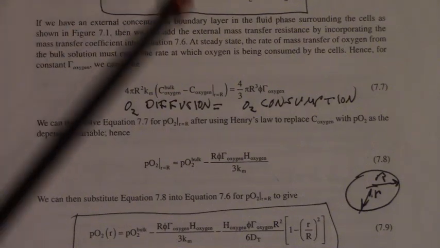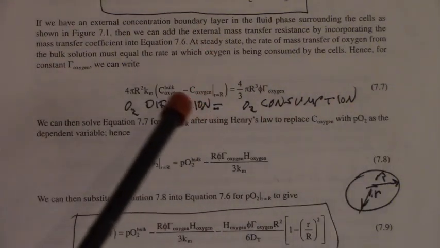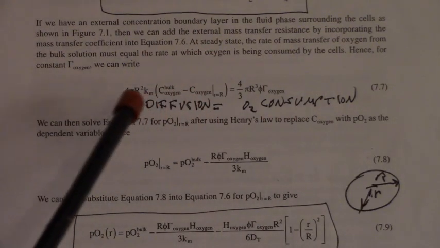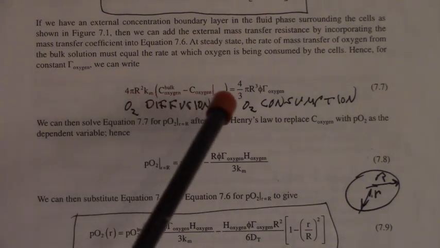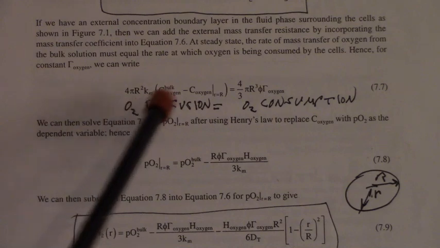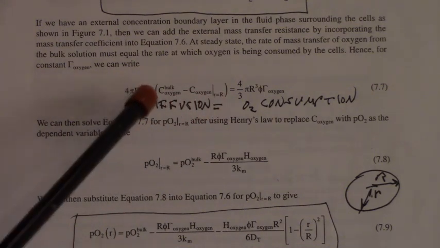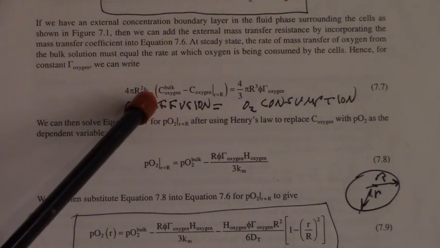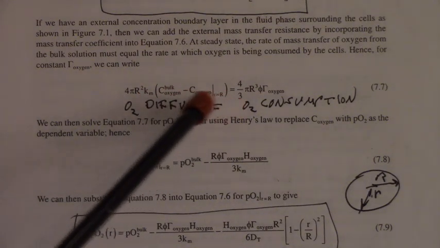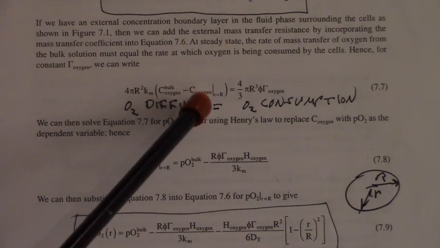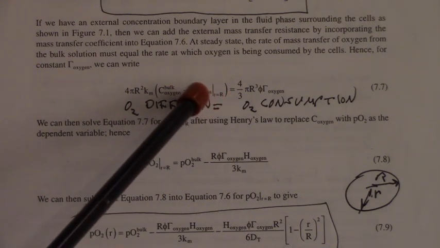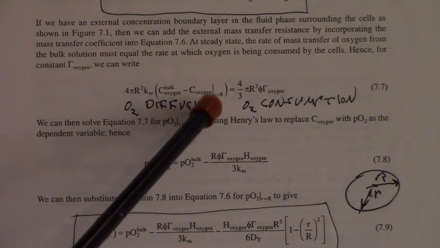And with that word equation, we can then apply our math to that. The oxygen diffusion rate to the surface, the mass transfer rate to the surface, basically your m dot, would be the surface area, which is 4 pi r squared, times the mass transfer coefficient, times the difference in the concentration of oxygen between the bulk solution and the oxygen concentration at the surface of the Brockman body.